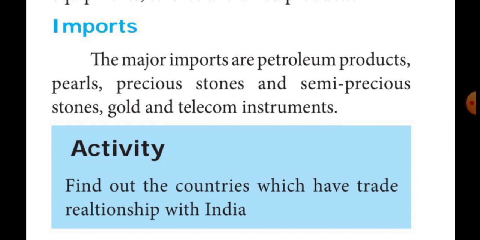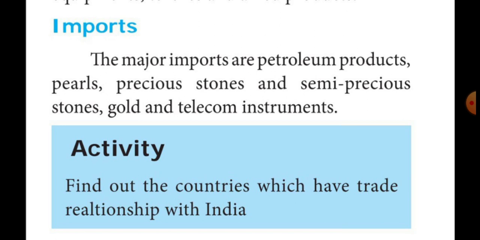The important import items are petroleum products, pearls, precious stones, semi-precious stones, gold, and telecom instruments, radio, television, etc. Those instruments we also import from other countries to our country. Can you understand, students? I will complete this lesson.